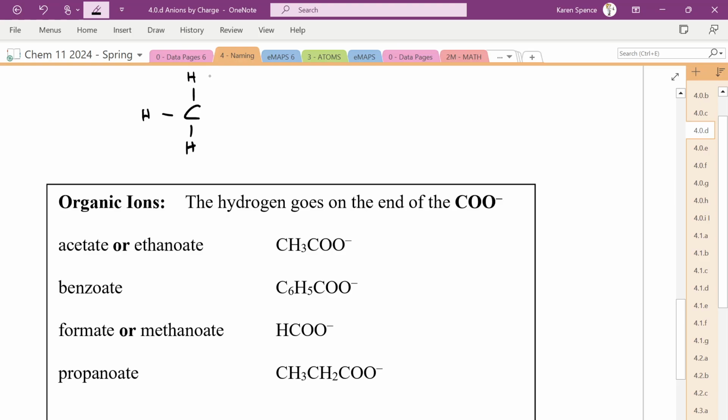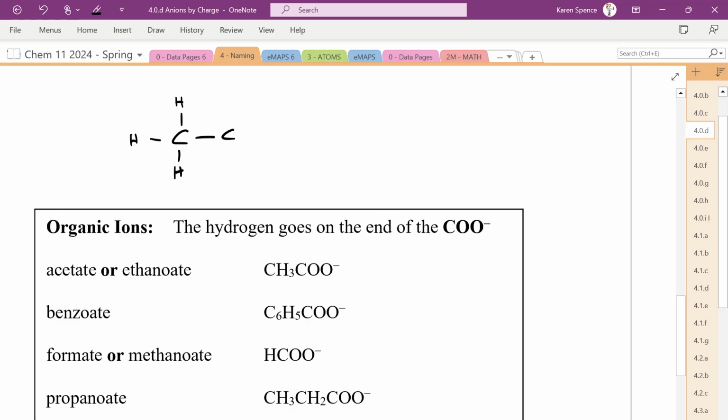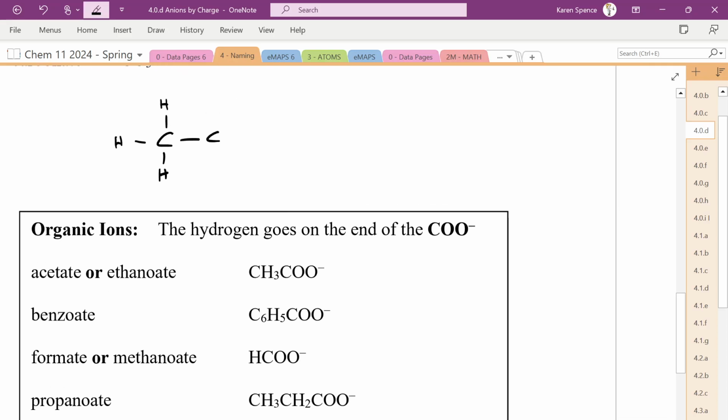And if you recall, how many bonds does carbon like to form? 4. CH3, and then we have a C. And this is a very typical organic functional group. It means it's a group that shows up all the time and has predictable properties.